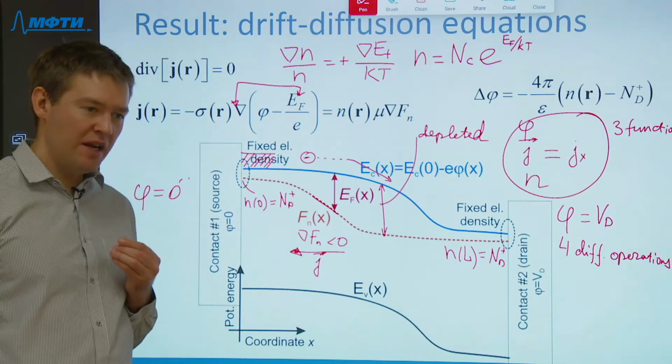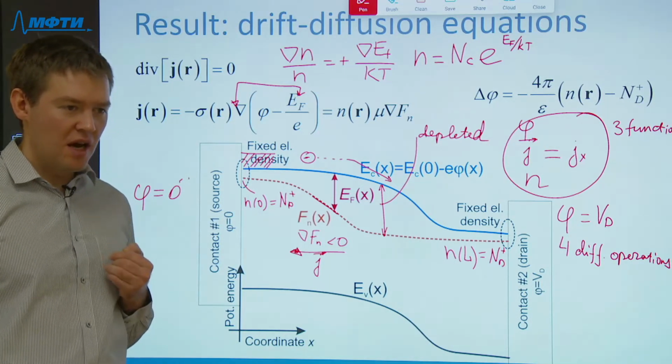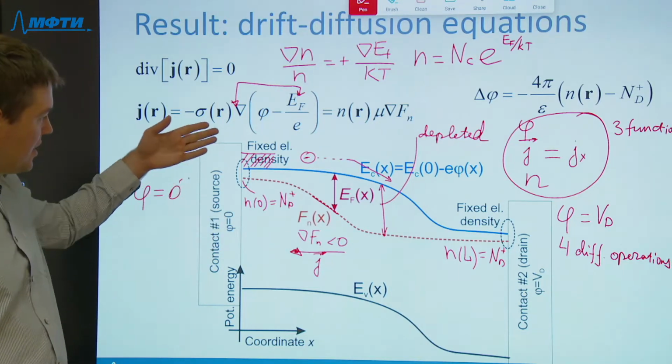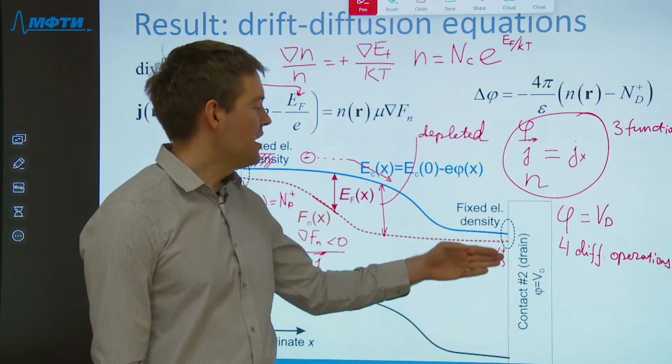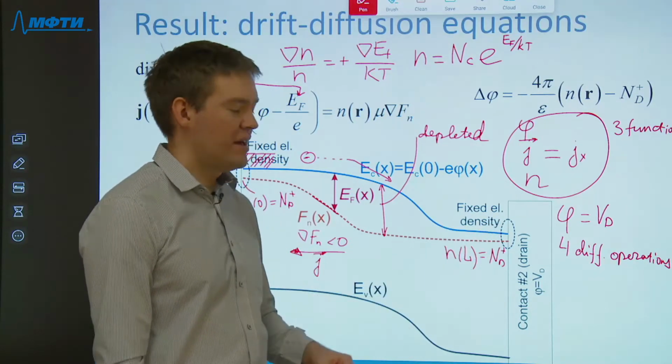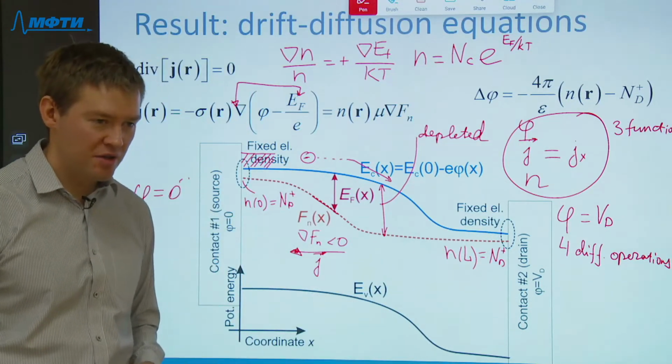So the remaining 2 boundary conditions are the boundary conditions on charge carrier density, and it is typically known at the ends of the semiconductor structure.